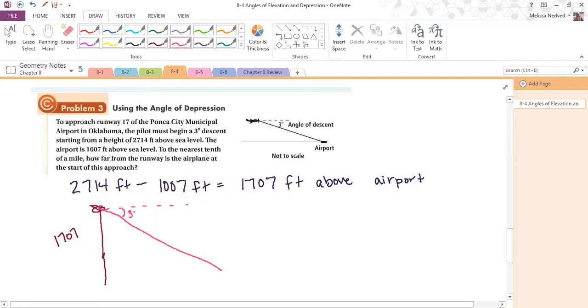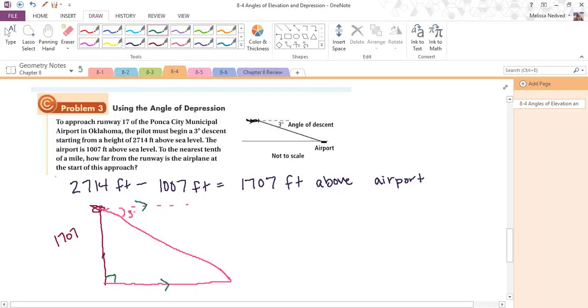Now, if you notice, I've got the start of a right triangle here. I'm going to create this triangle using the ground and the airport. So notice I do have a right angle, but that 3 degrees isn't actually inside the right triangle. But what we can use is the fact that this horizontal out from the airplane and the ground are parallel lines.